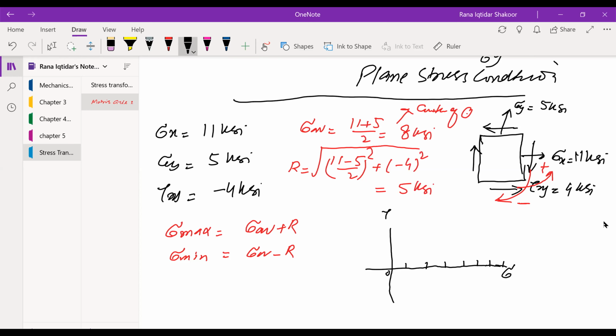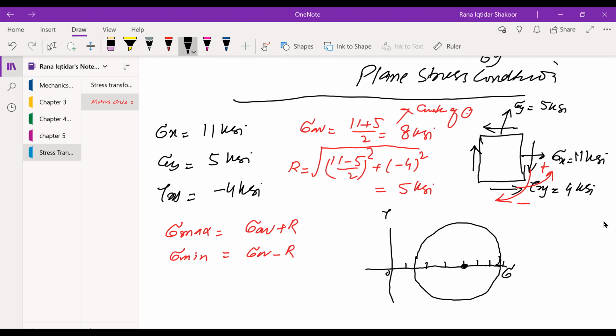So 2, 4, 6, 8, this will be the center, and then the radius is 5 ksi. So you will draw a circle like this one, right? So 5 on the negative side and 5 on the positive.